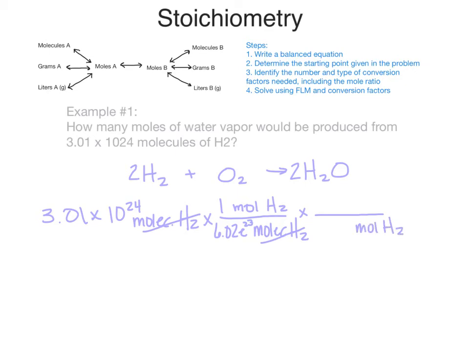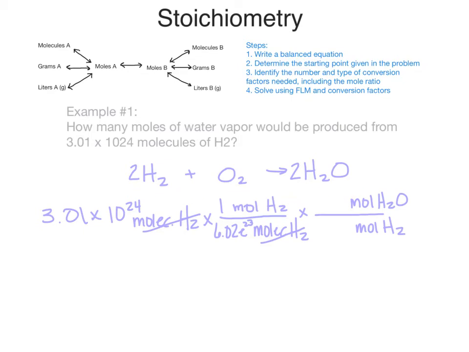And from my stoichiometry map, I know that my moles of B, which in this case I'm converting to moles of water vapor, so moles of H2O, needs to go on the top. So now I need to figure out what needs to go in these 2 spaces. And remember, since it's a conversion factor, these 2 quantities need to be equal. And these 2 quantities I'm going to get from my balanced chemical reaction.